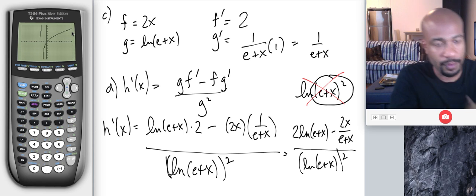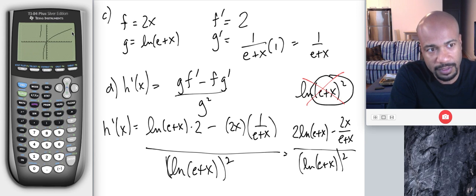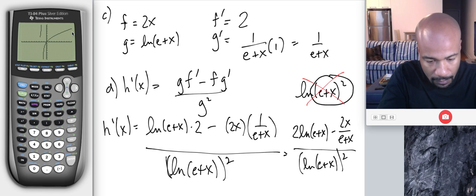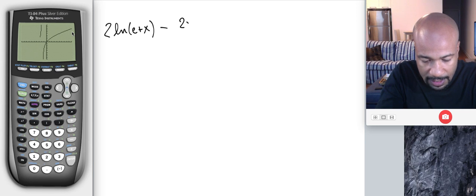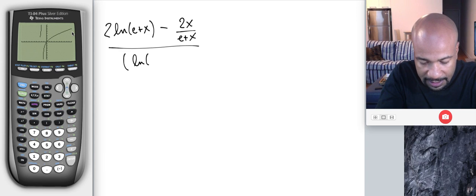Yeah, make a formula. So you don't have to calculate a value, but what you have to do right now is a little bit different. All right, so I have 2 natural log (e plus x) minus 2x over (e plus x), over the quantity natural log (e plus x) squared.